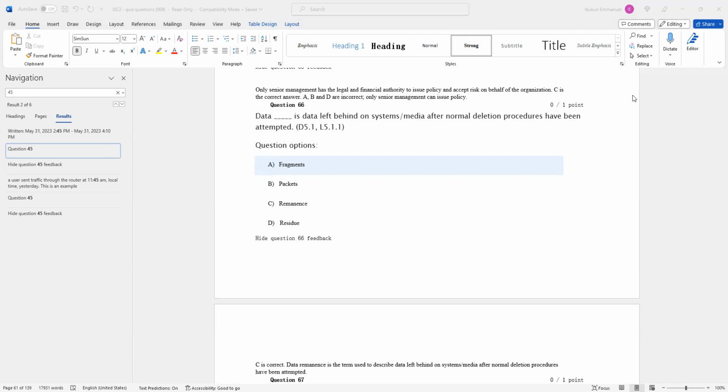And so what is the best procedure for deleting data on a disk that is no longer needed? What is the best method of deleting data to make sure that we don't leave any data behind?